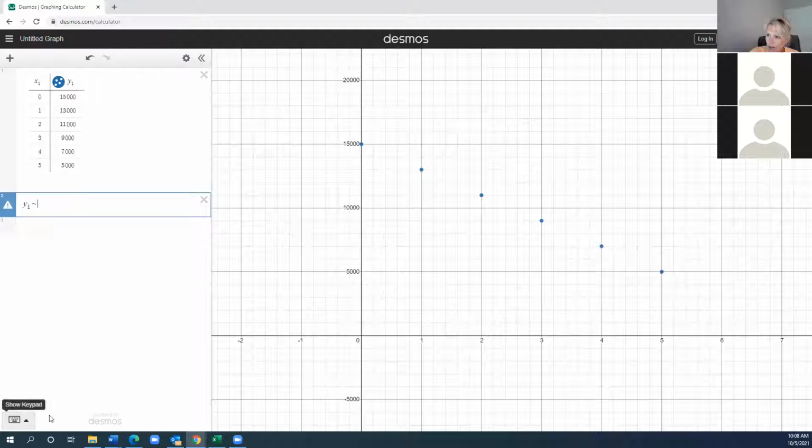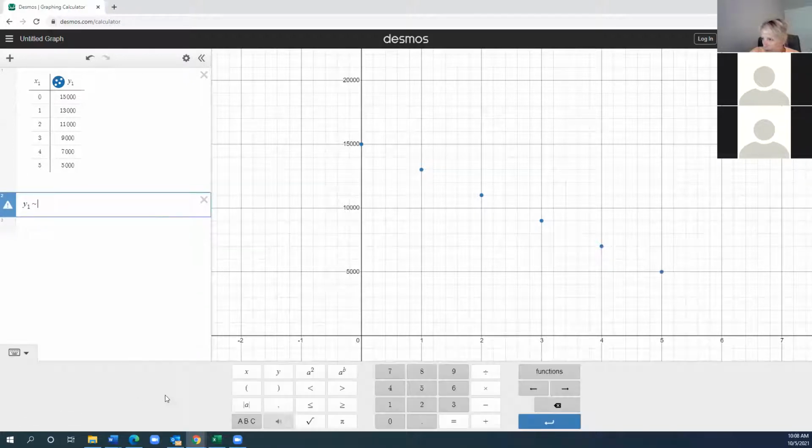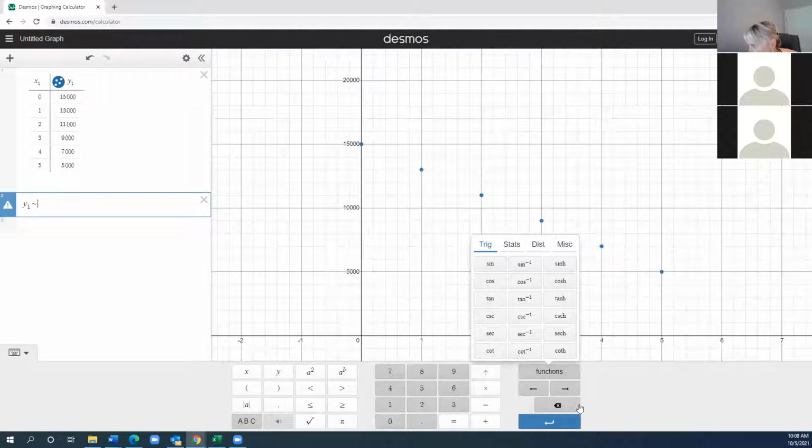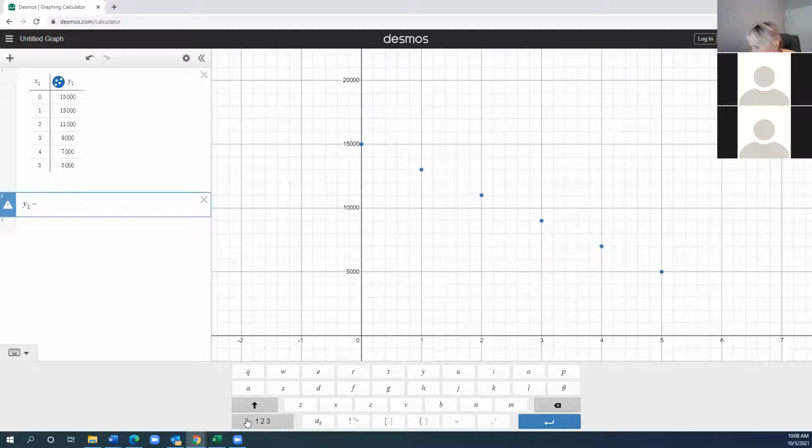Or down here on the bottom left, you can go to the keyboard and bring up the keyboard, and that symbol is on the keyboard, I believe. Maybe not. I think you just have to type it with your shift.